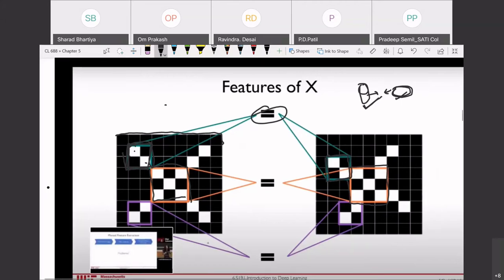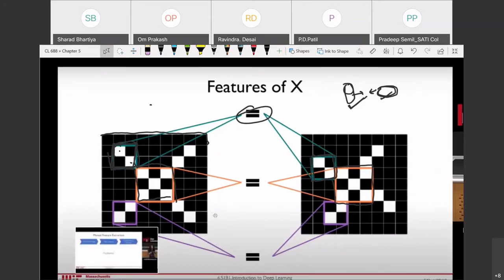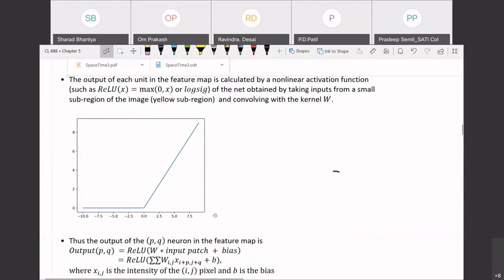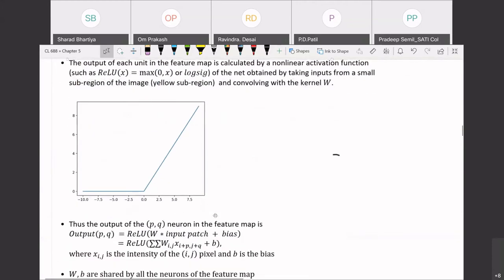So if I may go forward, as I said, a very popular activation function is the ReLU activation function, which is given by this. So it's not that logistic sigmoidal that I spoke to you about, but it's just a ReLU function.